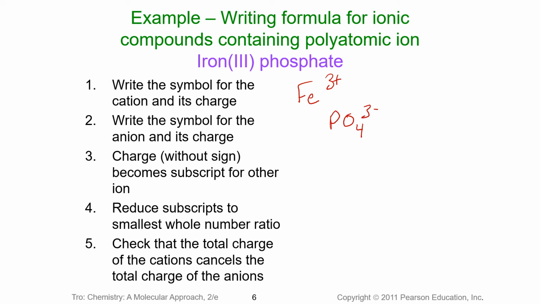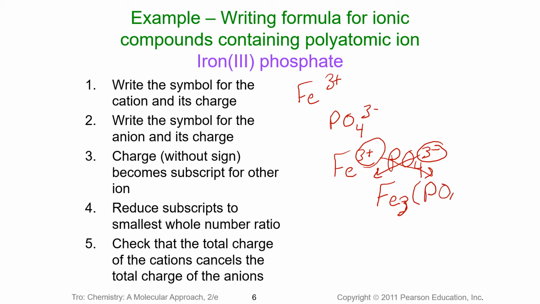Now we're going to write our formula by making the charge the subscripts. We would get Fe3. Now if you have more than one polyatomic ion, you do need to put it in parentheses.